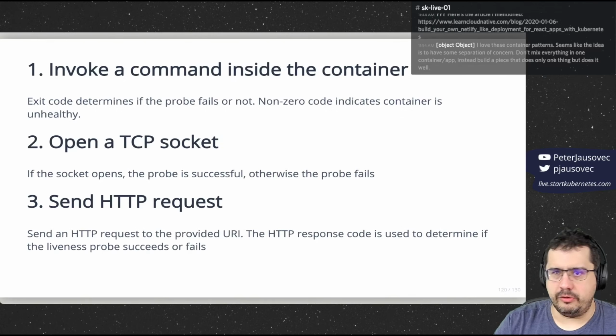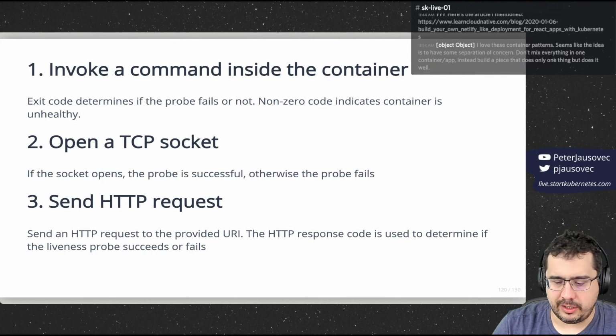So what are the methods that you can use to determine if your containers are healthy or not? This is the way that the kubelet can do it. But you, as the application developer, application owner, will be the one that has to decide what it means for my application to be healthy.